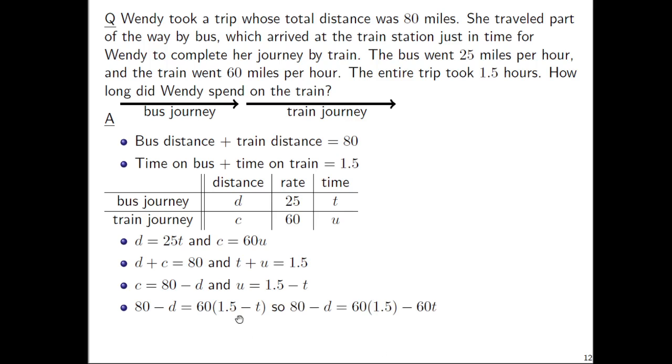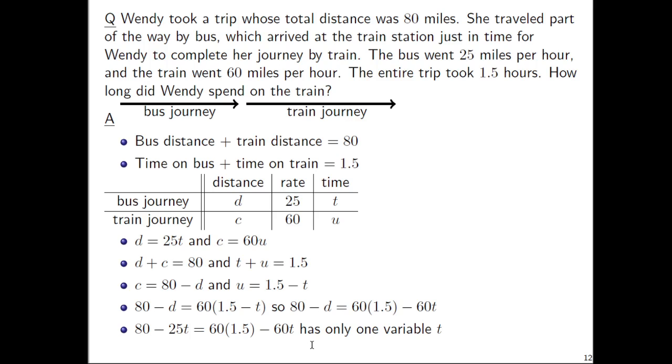So then we can distribute the 60 on the right side, so 80 minus D equals 60 times 1.5 minus 60T. And then if we take that equation and all we do is replace the D on the left side, so it says 80 minus D, instead we write 80 minus 25T. Now you have an equation that's just in one variable, T, right?